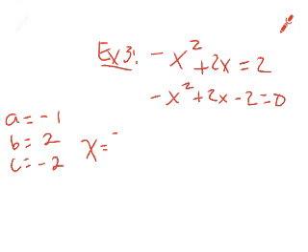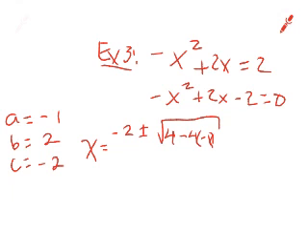Okay, so we're going to have -b plus or minus the square root of b squared. So 2 squared is going to be 4, minus 4 times a times c. I'm sorry, my handwriting is terrible here. And this is all over 2a, which is just 2 times -1.